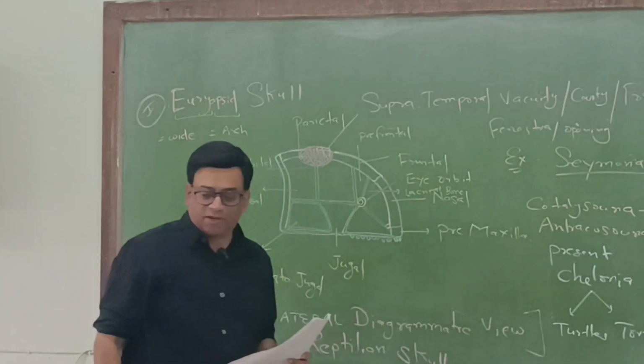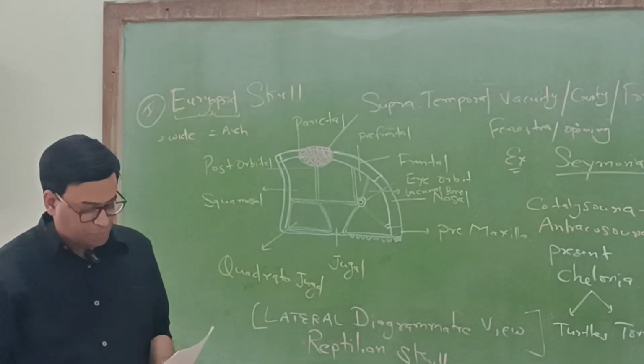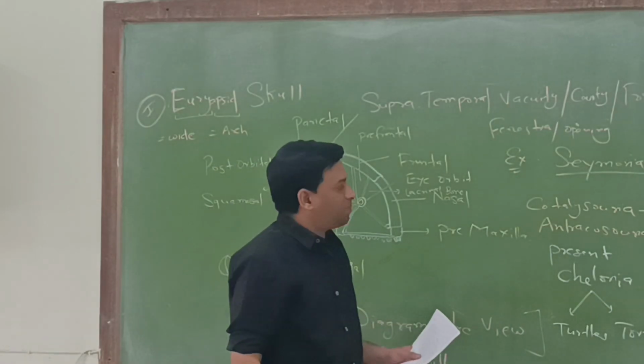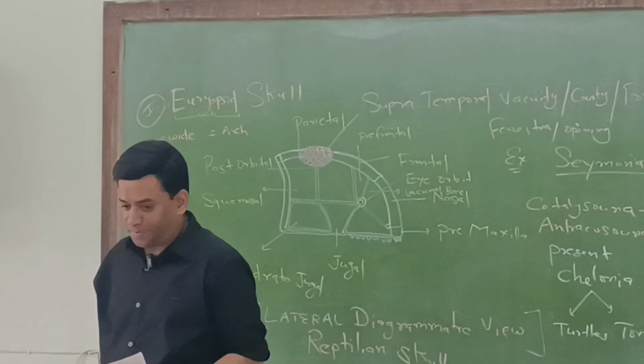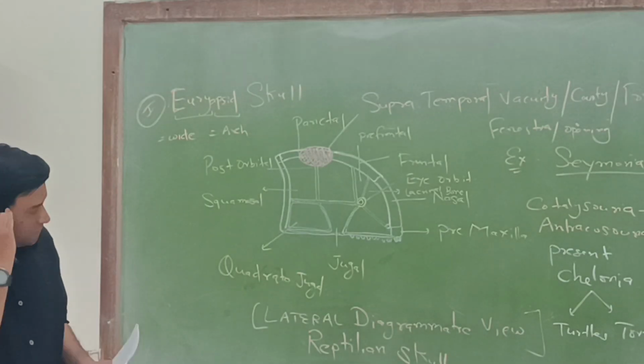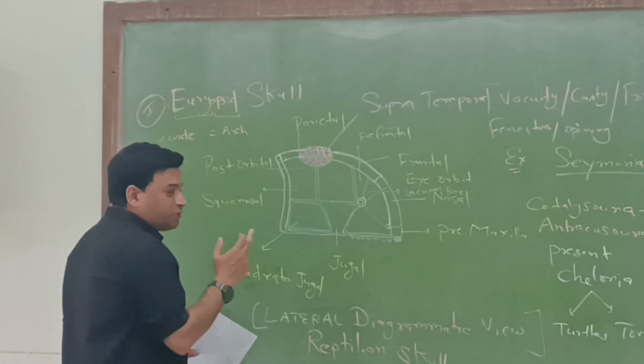You can use any word, but the right word is superior temporal fossa, superior temporal vacuity, superior temporal fenestra. Got my point? So the vacuity starts developing.